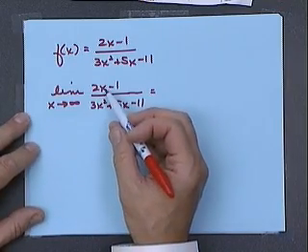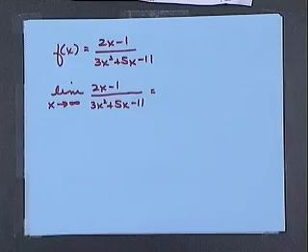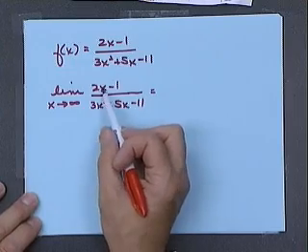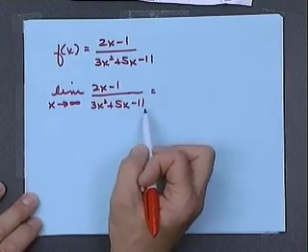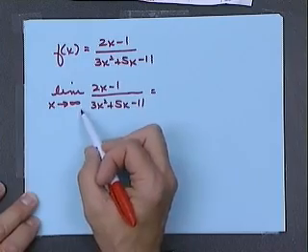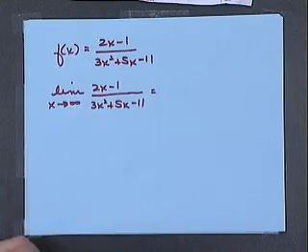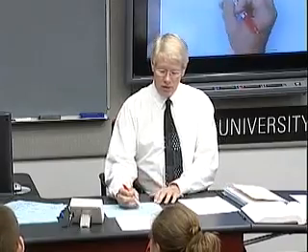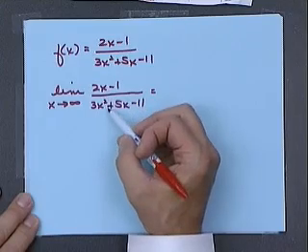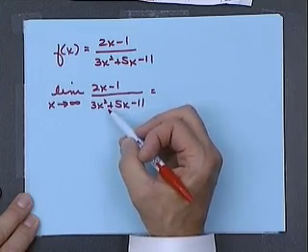Now the shortcuts, we'll get to the shortcut in a second. What should work if you draw a blank on the shortcuts? Divide by the highest degree of x that you see in the problem. So we would divide everything by x squared and see what happens as x approaches infinity. Or, if you remember the shortcut, what is it in this case where the degree of the numerator is smaller than the degree of the denominator?